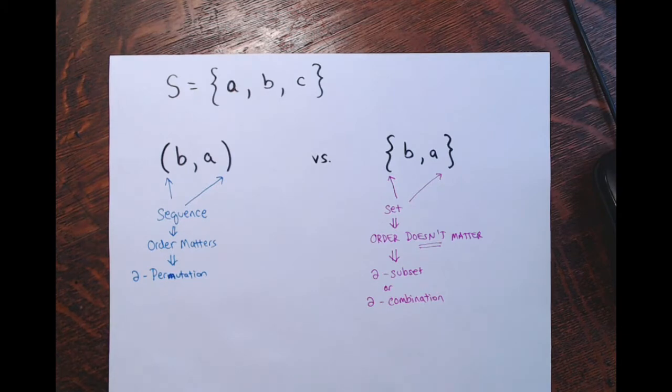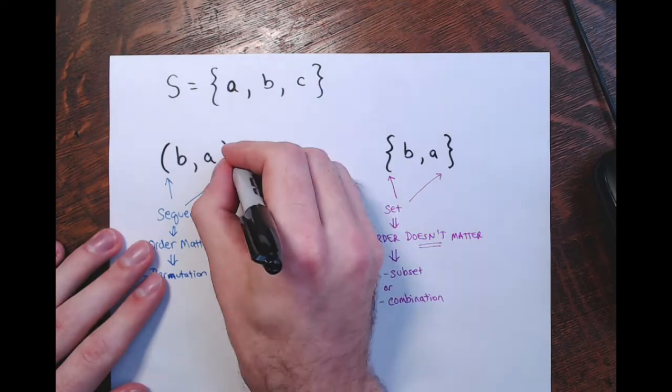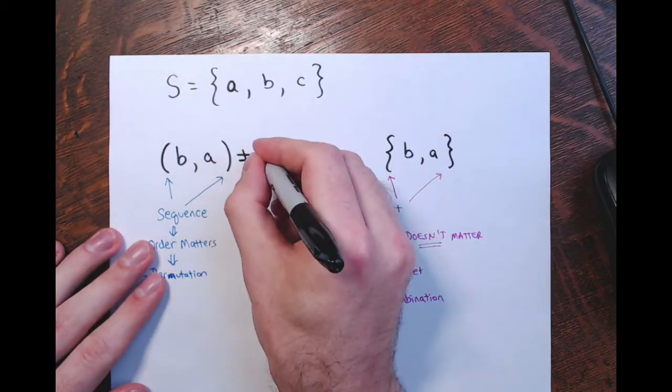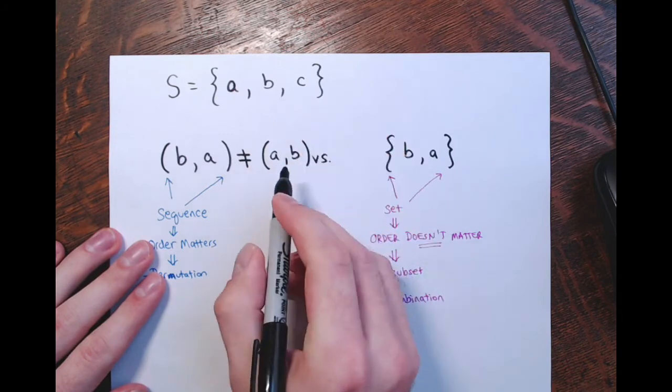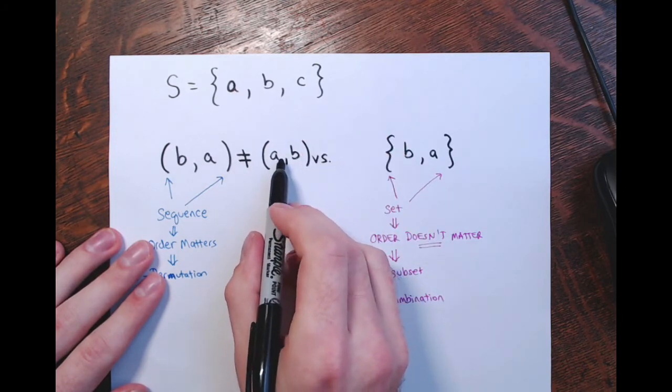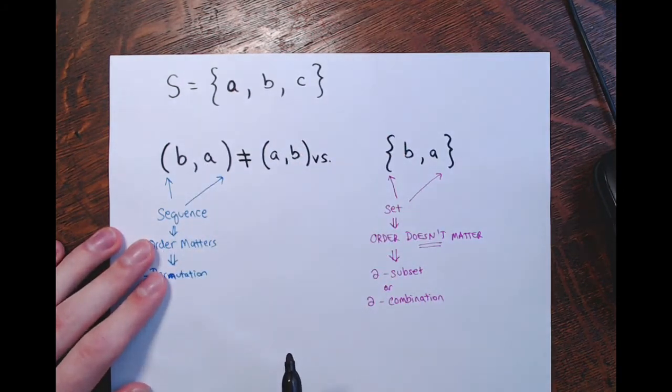Again, the big difference is the order, right? Because the sequence B, A would not be the same as the sequence with A then B. Even though the same two elements are represented, they're in a different order.